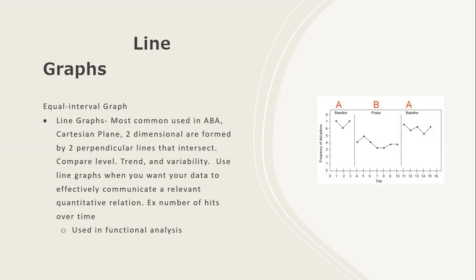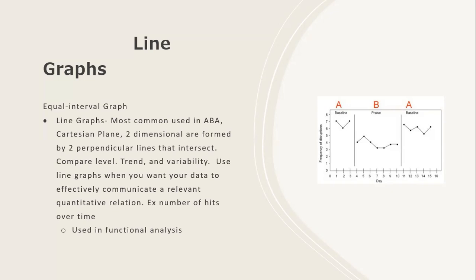So the line graphs are most commonly used in ABA, and the precision plane, the two dimensions are formed by perpendicular lines that intersect. You also want to make sure that when you see how the dots are connected, the dots can never go over that one line and they never connect. So your baseline and your intervention data collection will never connect.